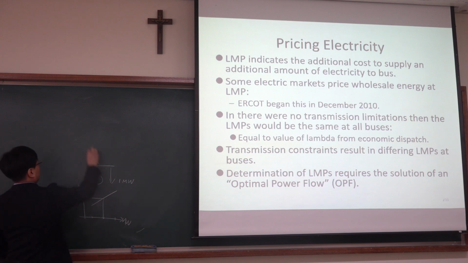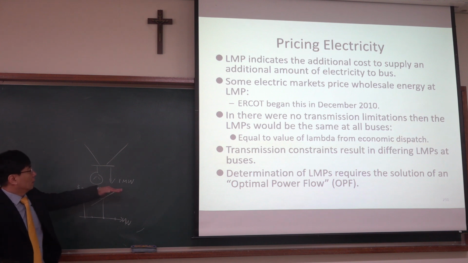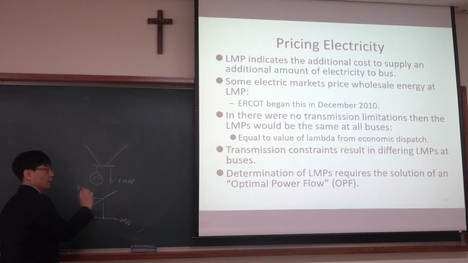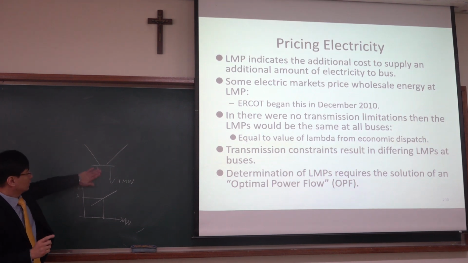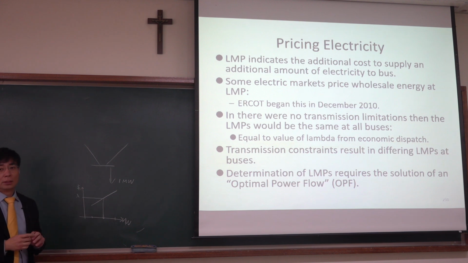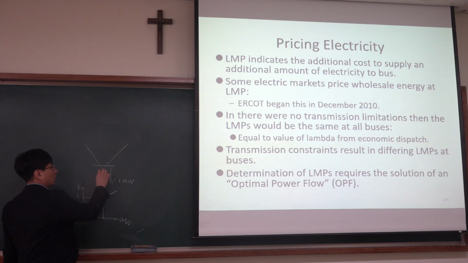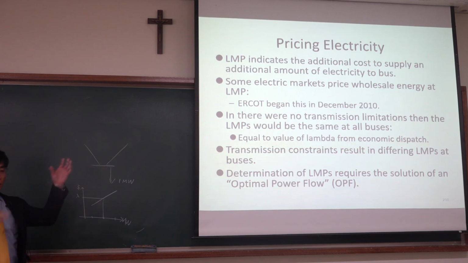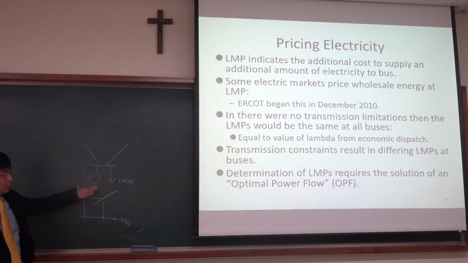But when this is connected to another line, supplying 1 more megawatt at this bus may not necessarily imply increasing this generator by 1 megawatt. This is not quite a good example, sorry. So suppose that generator is connected to some other buses. To provide 1 more megawatt at this bus, we can have a generator here, but maybe this generator is at its maximum limit.